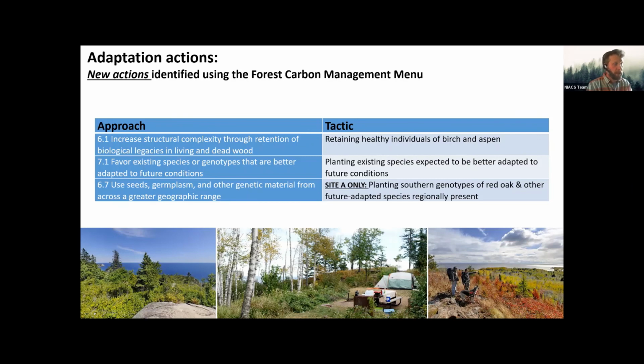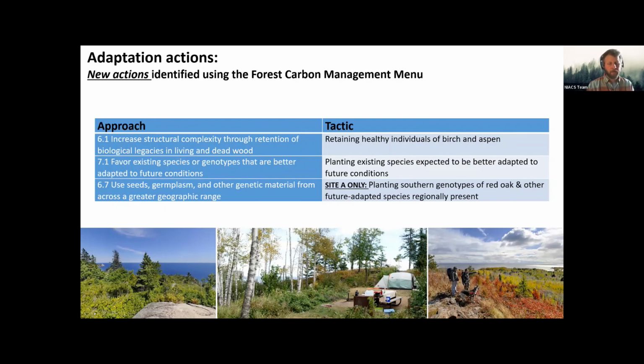But for that site A, where there was a lot of infrastructure and trails, they had more ability to, because it was more of a visitor use area. They had the ability to plant things like bur oak and other things that aren't found in their region. They're found further to the south.